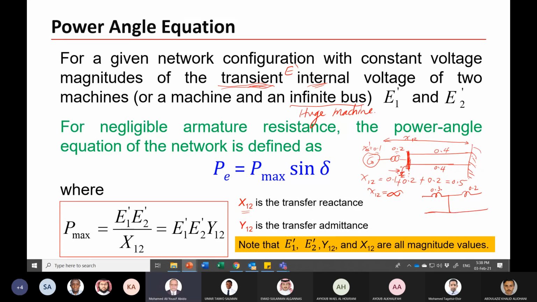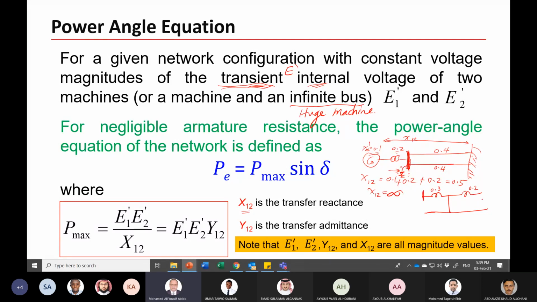Now, this is the definition of transfer reactance. Transfer reactance means we need to simplify the system to have a direct connection between 1 and 2.